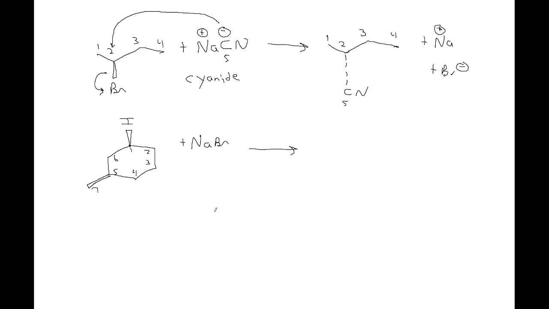Okay, so you have the bromine with the negative charge, and that will go towards carbon 1. And then the electrons in the bond between carbon 1 and iodine will go to iodine.